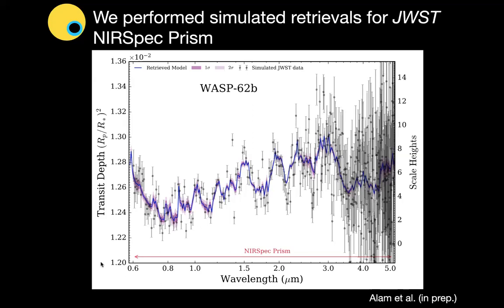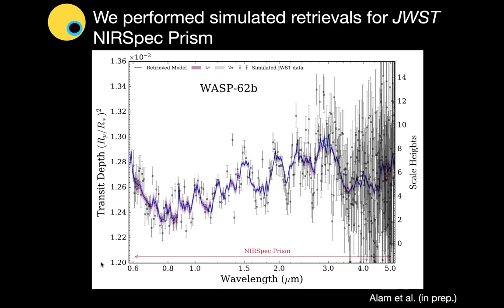And so here, we then ran our retrieval on the simulated data, which is shown here in the gray points. And the blue line is the best fitting retrieved spectrum, and the purple shaded regions are the 1 and 2 sigma confidence intervals.